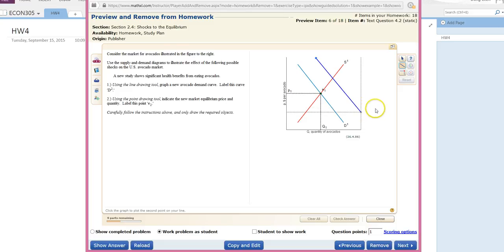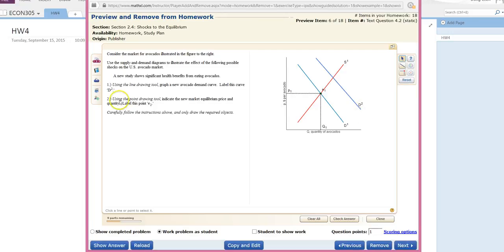You can see here that it is not parallel to the original one. It seems it's not moving as expected, probably because of my browser. Okay, this is my D2, so I choose D2.